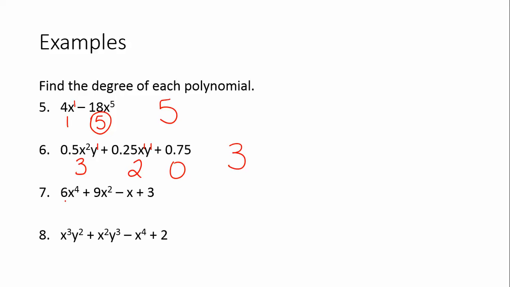For number 7, we have 4, 2, 1, and 0. So this polynomial has a degree of 4. Finally, for number 8, we have 5, 5, 4, and 0. This polynomial would also have degree 5.